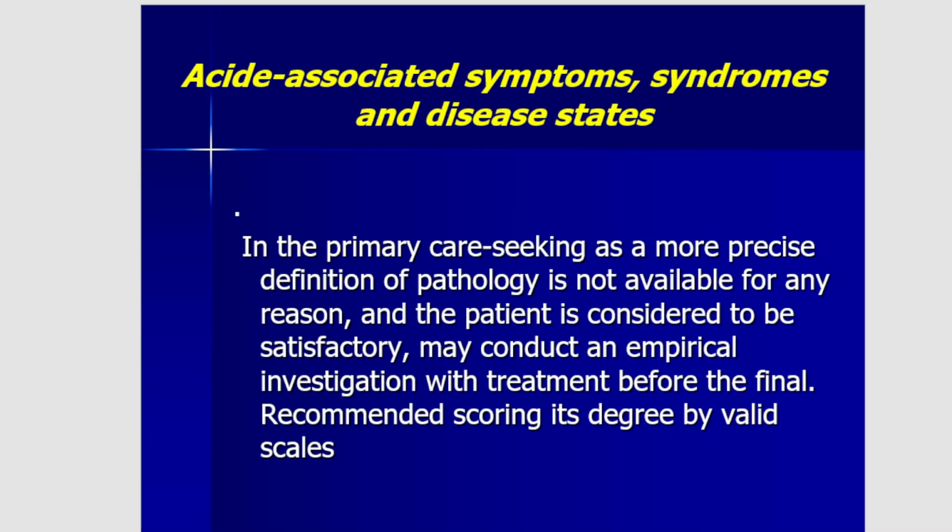Acid-associated symptoms, syndromes, and disease states in primary care: if a more precise definition of pathology is not available for any reason and the patient's condition is considered satisfactory, you may conduct empirical treatment before the investigation.